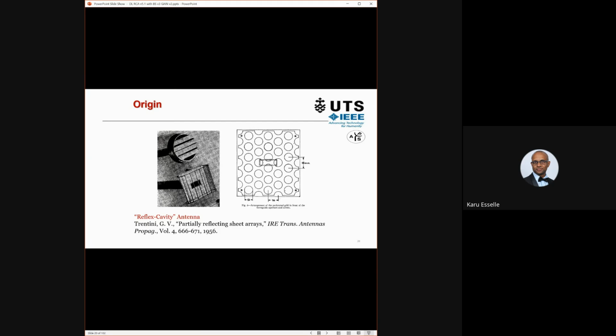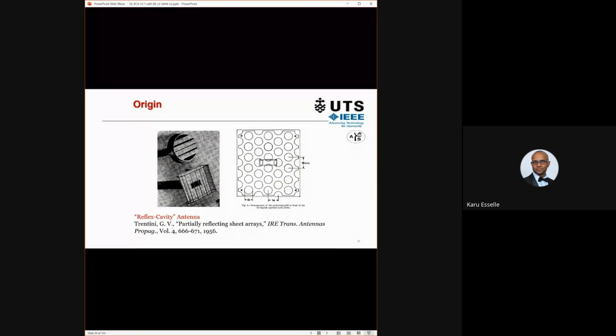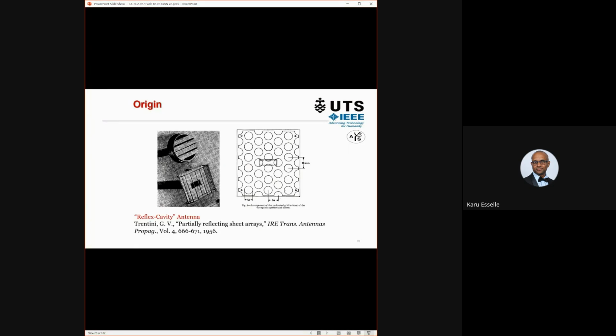So Trentini published this paper on the subject of partially reflecting sheet arrays, and these are a couple of figures from that. He described this as a reflex cavity antenna. This is like World War II, after World War II, the waveguide era.